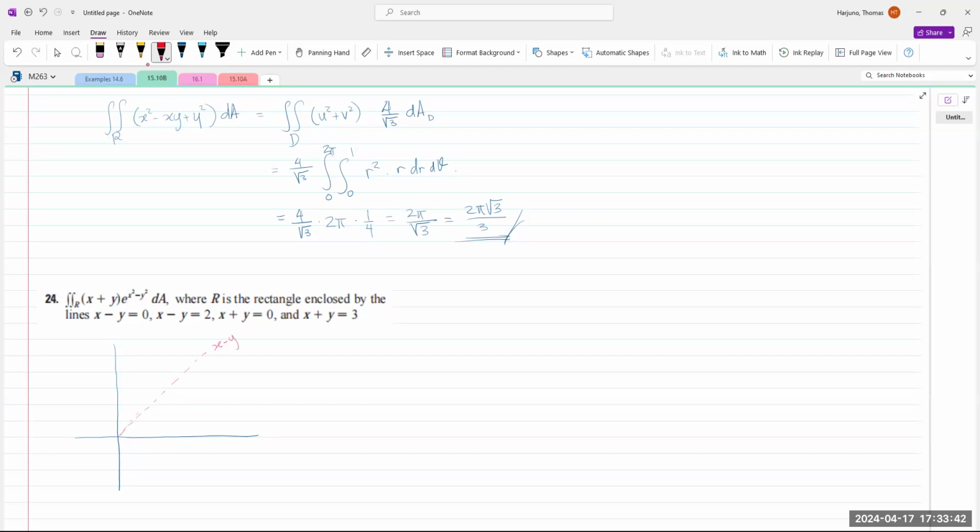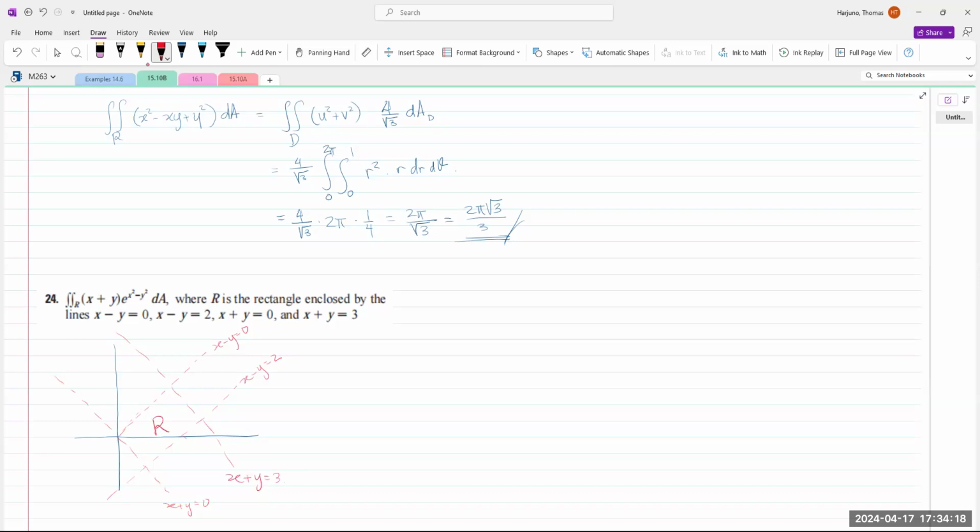Then x minus y equals 2, it looks like this. Then x plus y equals 0, and x plus y equals 3. Dang, so we have this R here.